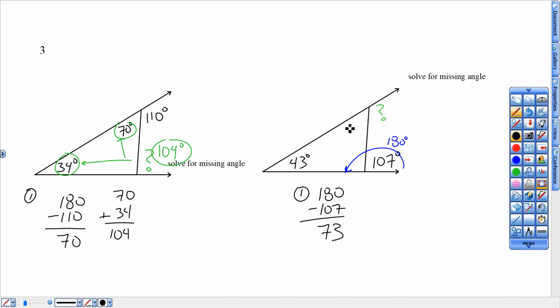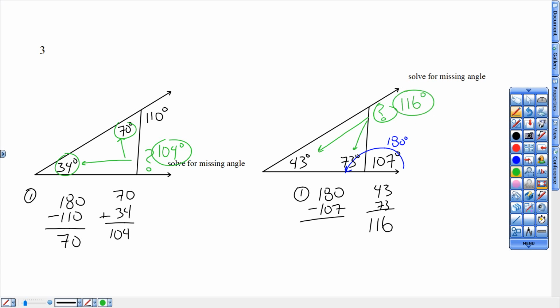That is this angle right here. To find that missing angle outside, again, add up the two angles on the inside of that triangle. So if I take that 43 and that 73, it should give me 116 degrees. That is the angle I'm looking for, and there's all the work I'm looking for.